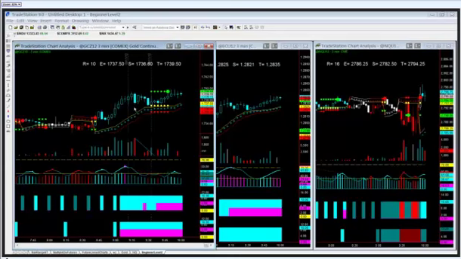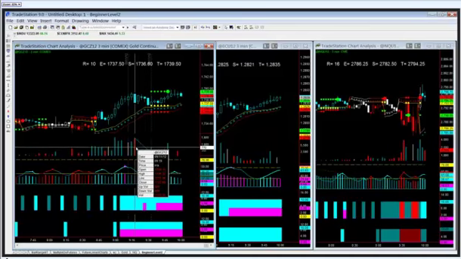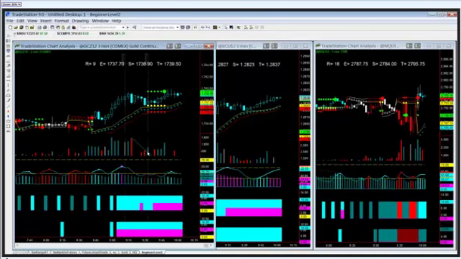Okay, what you're doing, remember the volume. If you make a low, you will have a red volume bar. So you made a low, and this was lower than this low. So you had volume divergence. In other words, the volume was decreasing as it was making lows. Do you understand?